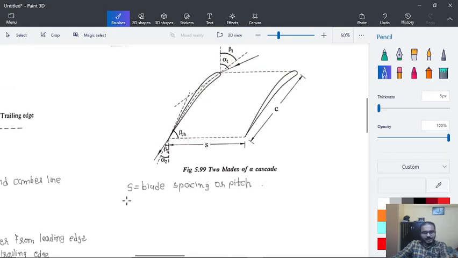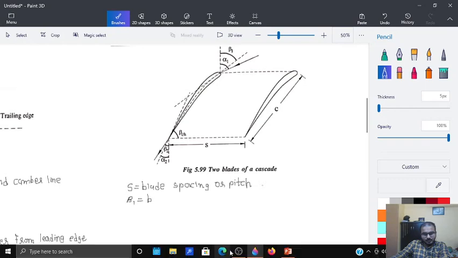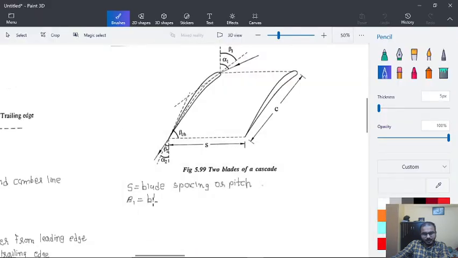Then we have beta 1, that is blade angle at inlet.